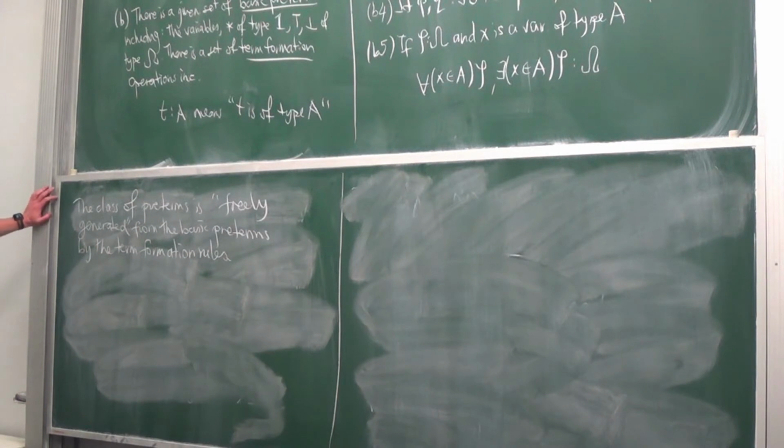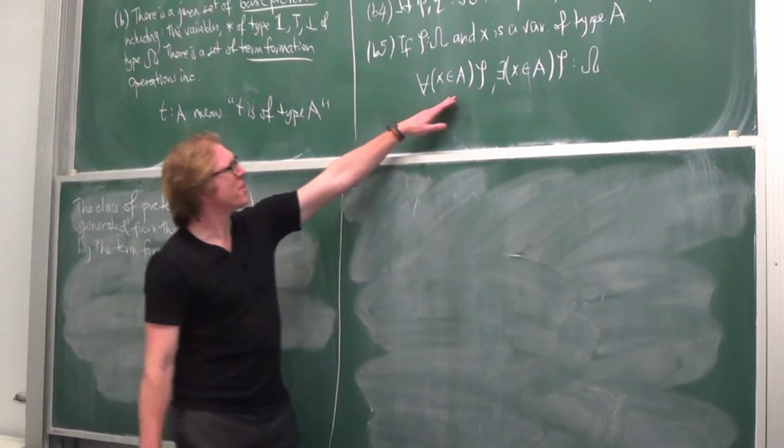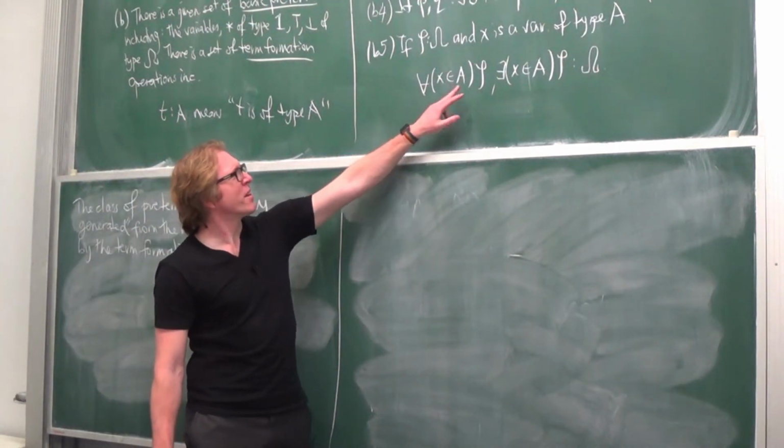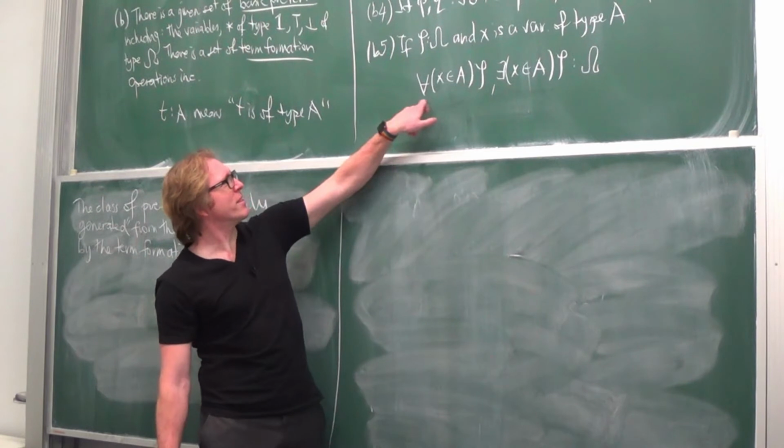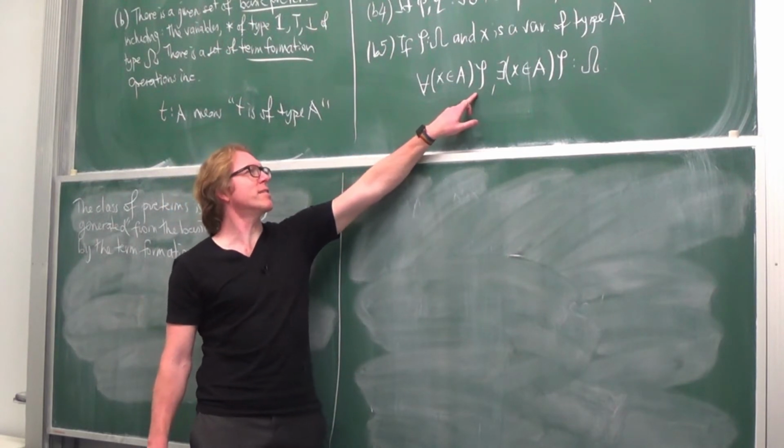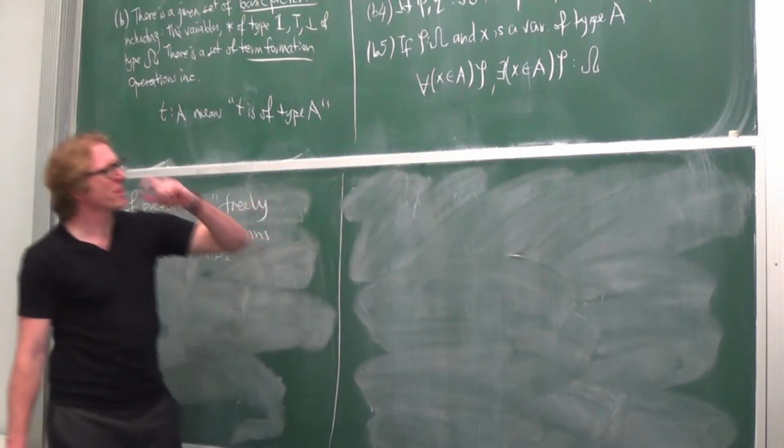This is being a little imprecise because I'm not really saying exactly what a term formation operation is. In particular, if there are other term formation operations, they need to come with a rule for which occurrences in there are bound. For instance, these term formation operations come with the data that they make any occurrence of x inside here bound. So I think that's all I need though.